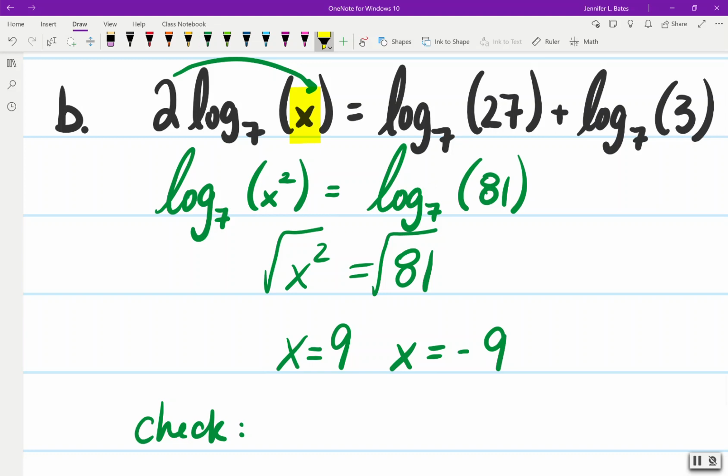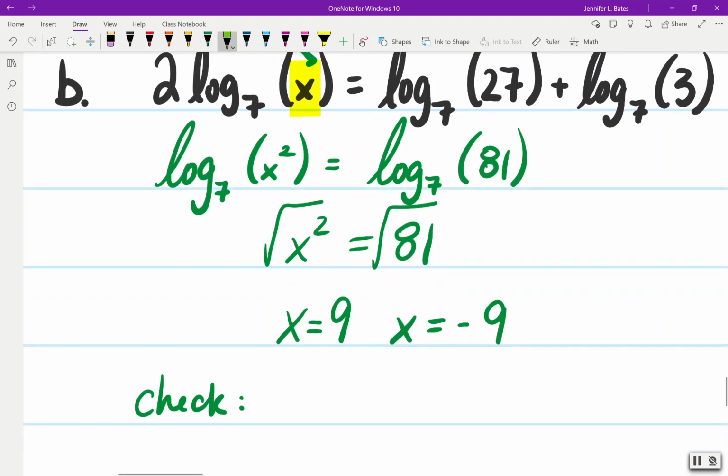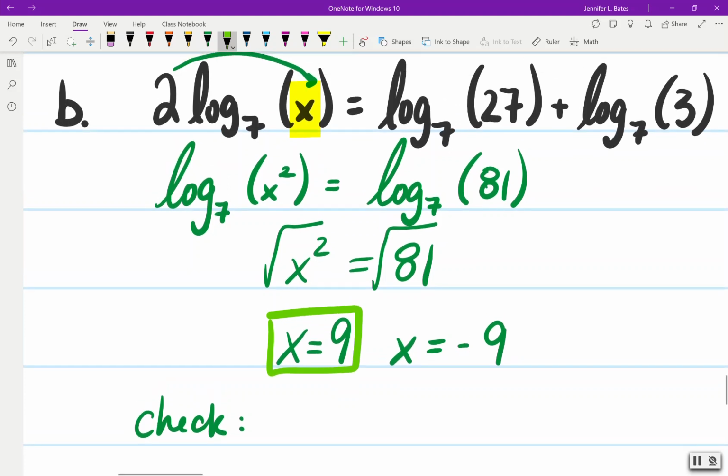So is 9 one of my answers? Very good. Yes, it is. If I plug in negative 9 to that highlighted yellow spot, is my argument 0? So the argument's not 0. Is the argument negative? Yes, and I cannot have a negative argument, so I get rid of it.